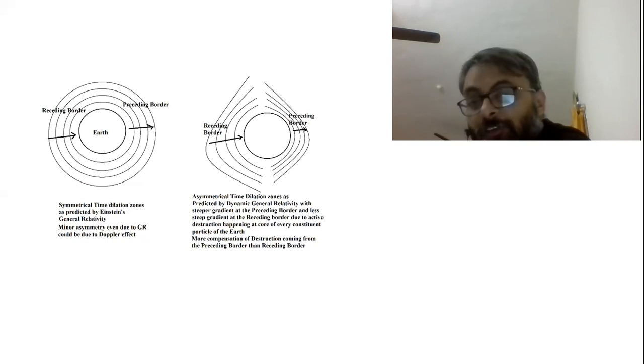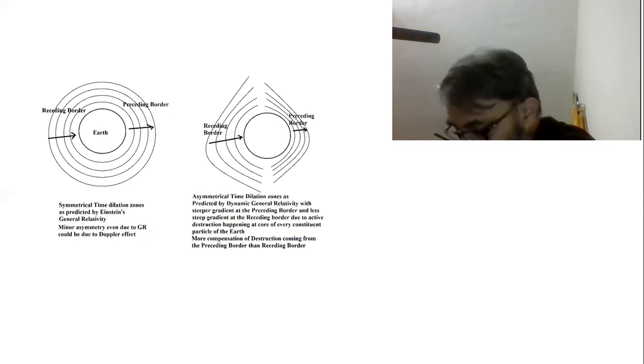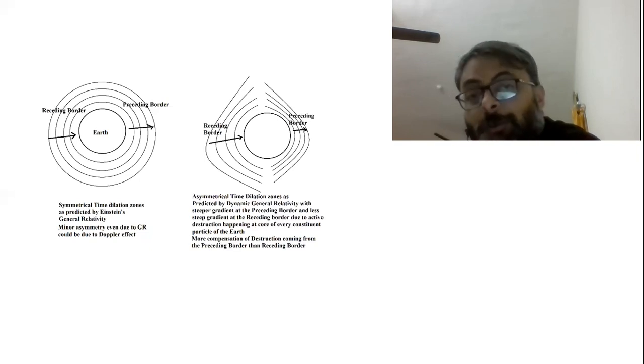Now this extra compensation which is happening in the preceding border, which is very slightly less in the receding border, is probably very, very small for very small particles. This is basically true for any object. Not only the Earth, but any small quantum object or photon or anything will have this small change in the inward movement of the EPCs, which is basically the momentum.